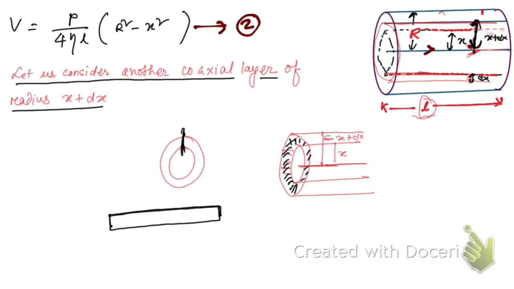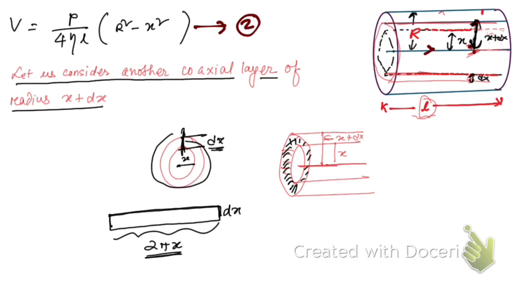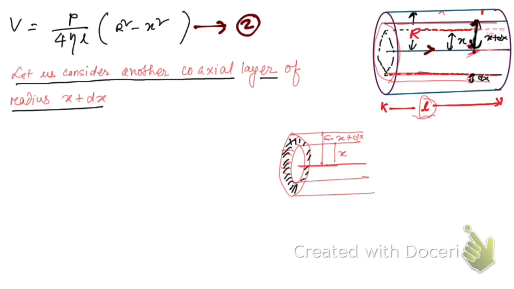And this part is dx, and this length is the circumference, which will be 2 pi x because its radius is x. Since dx is a very small length, we take 2 pi x only, and 2 pi x into dx gives the area of this rectangular form.